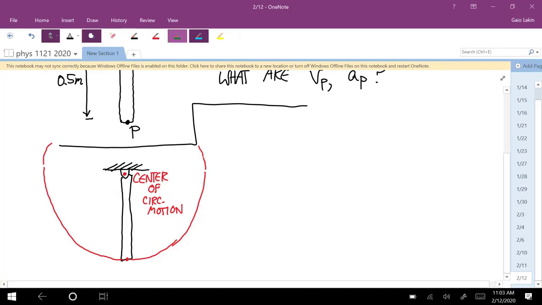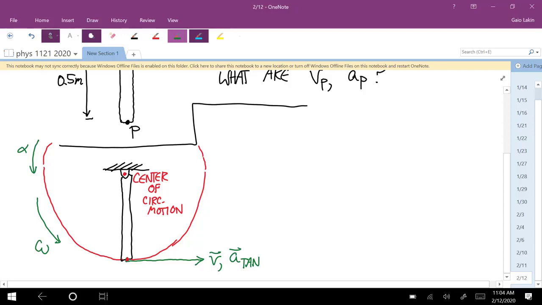We know that the angular velocity is this way, and the angular acceleration is also that way. And so we know that the velocity vector has to be like this. Since the angular acceleration is also counterclockwise, we know that the tangential acceleration also has to be that way.